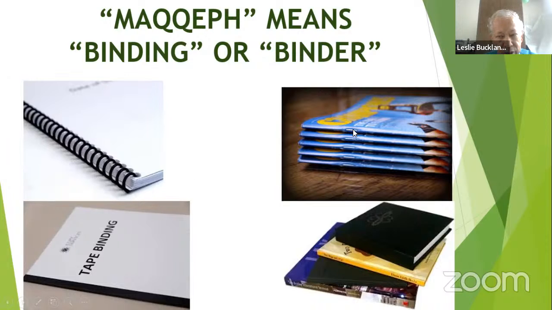There's another way to bind the pages, and that is by stapling staples in the edge, the sharp edge of this magazine. Another way of binding pages together is to put tape at the end of the book and make sure that all the pages are taped together. Or the traditional way of binding pages is to sew the leaves together at the edge here and to cover it with a cover.